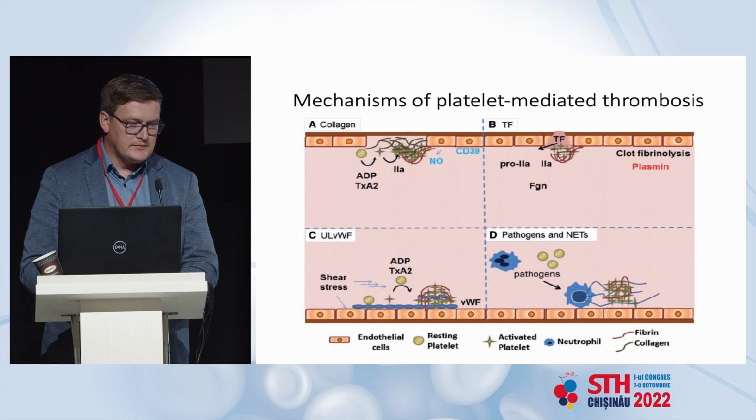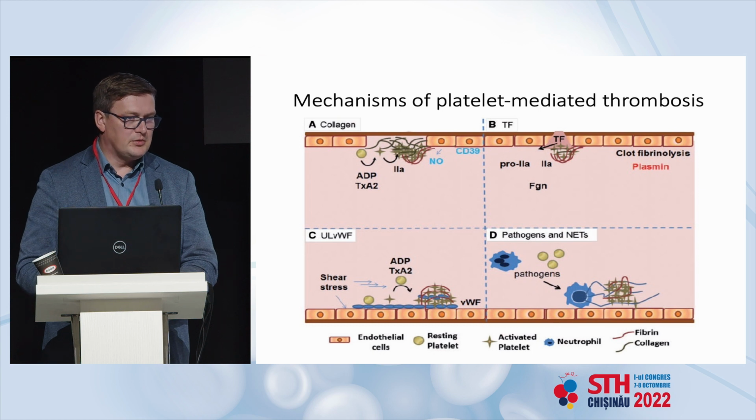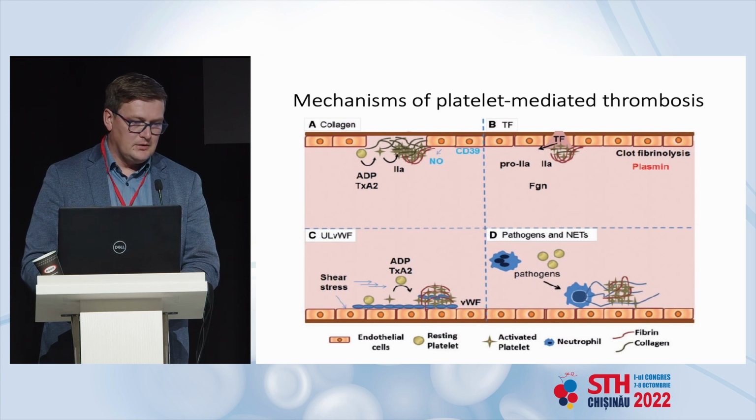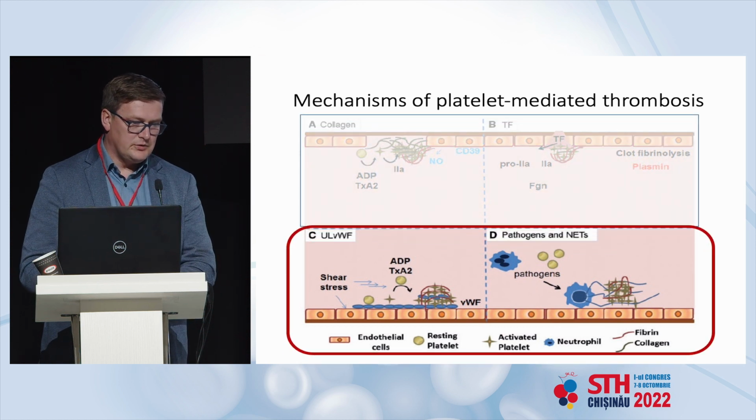The third is ultra-large von Willebrand factor molecules, which are really thrombogenic ones, attract platelets, and platelets might aggregate or even get away from the endothelium into the peripheral small blood vessels.